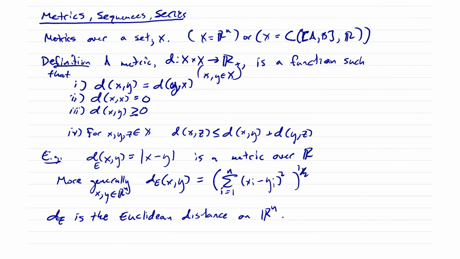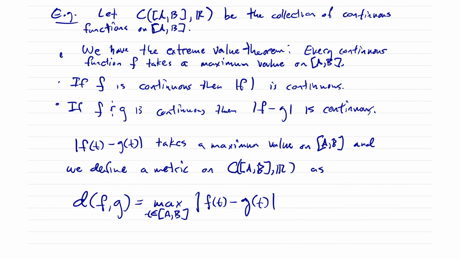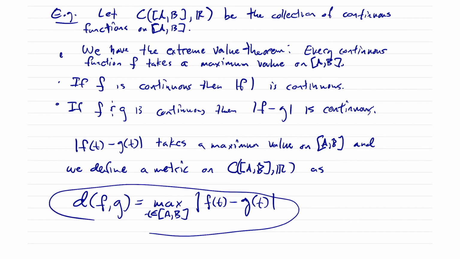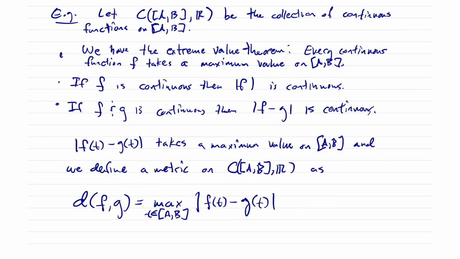But the thing is that these two metrics, the Euclidean metric and the uniform metric or the sup-norm metric, are really important. So this is the uniform metric or distance on C[a,b].